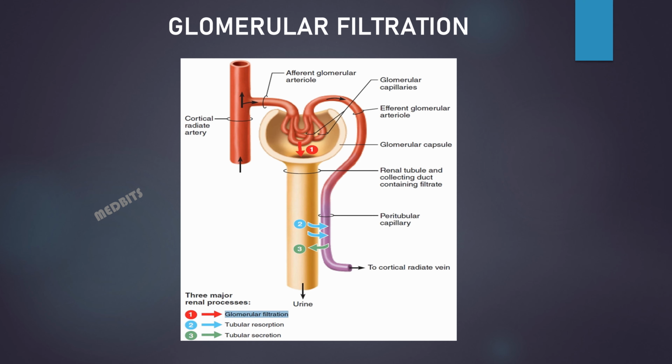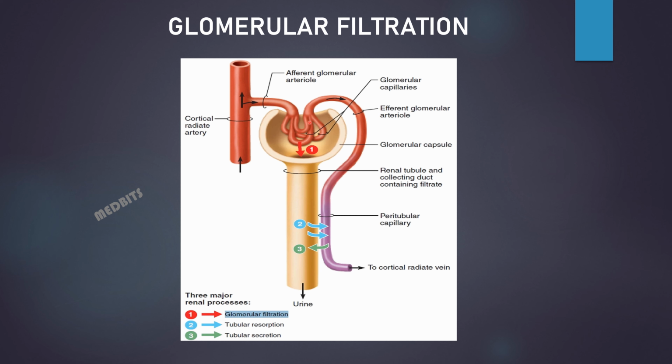Now let's look into the glomerular filtration diagram. Please learn how to draw this and label it. Here you can see that the blood is entering from the cortical radiate artery to the glomerular capsule, and the entry is through the afferent glomerular arteriole, and then these capillaries are subdivided into glomerular capillaries.